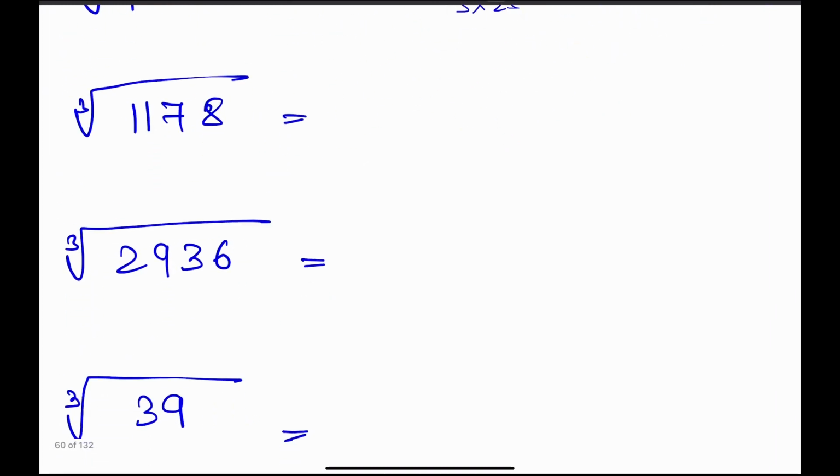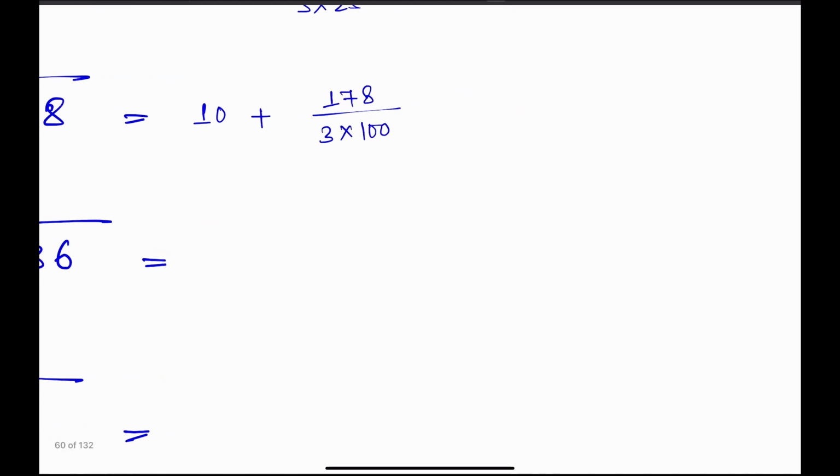1178. It is 12 cube. It is 12 cube only. No. This is not 12 cube. 1331 is next by, but if I just take 10 plus 1000, so 178. 178 upon 3 into 100. So if it's somewhat divisible by 3, it will be easy for me.